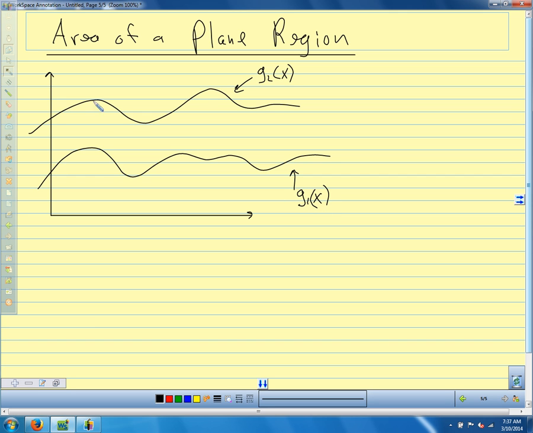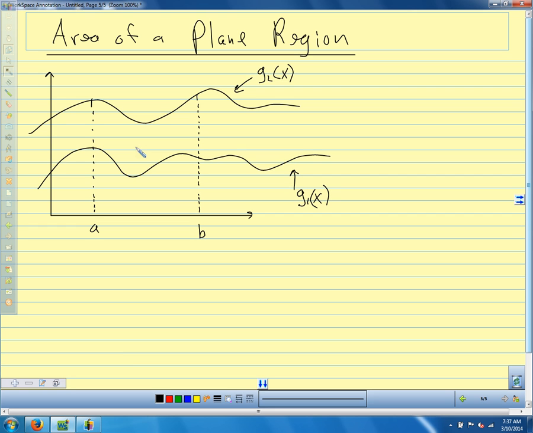And we're going from x equals a to x equals b. So we want to find the area from a to b between these two curves. Now we know how to do that. We have a technique for doing this using a single integral.